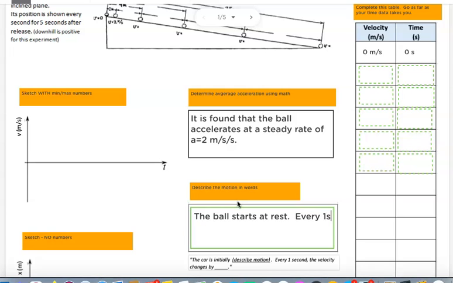Every 1 second, the velocity changes by positive 2 meters per second. You could also say every 1 second the velocity changes by 2 meters per second in the positive direction, either way.